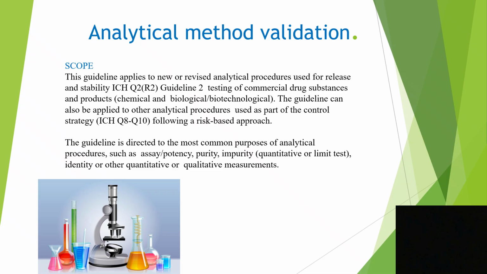These guidelines can also be applied to other analytical procedures used as part of the control strategy, that is ICH Q8 and Q10. So wherever results are to be controlled, all the analytical testing procedures should be controlled, and the process we follow has to be trustworthy and results oriented. So we have to apply this guideline.